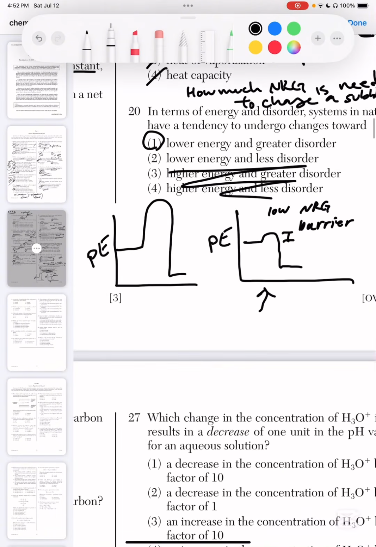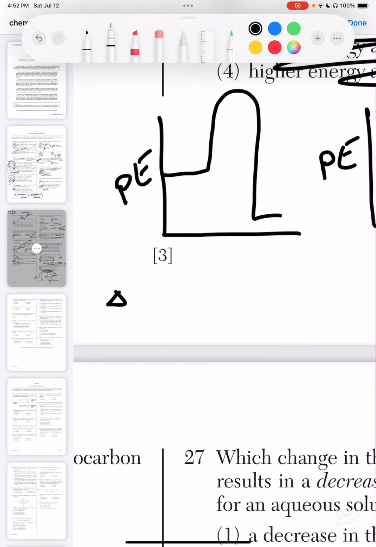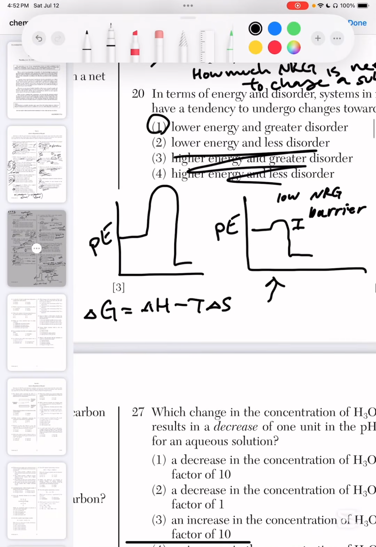Definitely you don't need to do this quantitatively in Regents Chem, but if you want to know, delta G equals delta H minus T delta S. This is just an equation from the AP Chem reference tables.